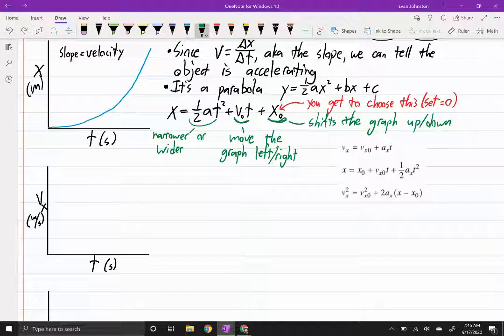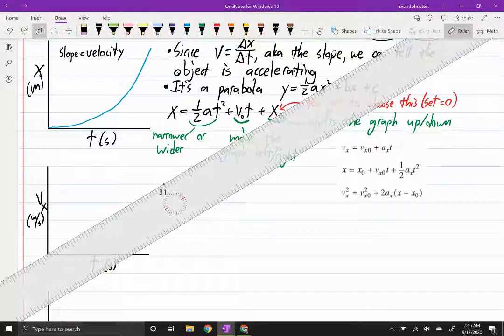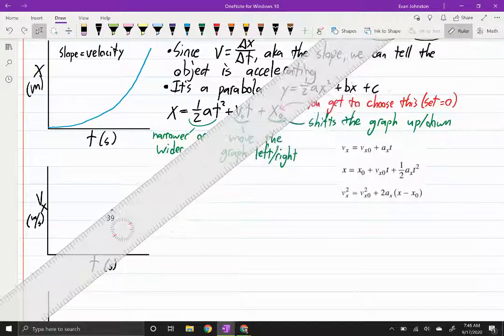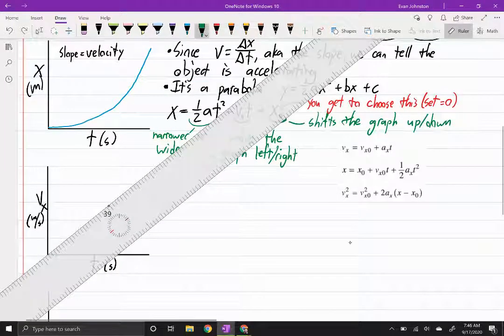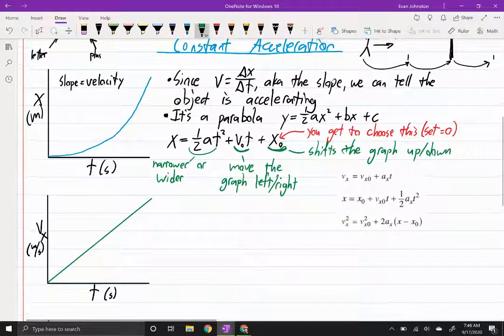All right. So if it's increasing at the same rate, we're actually going to get something kind of like the very first graph we drew on this page. So we'll get something more or less like this. So we can see that just like how the slope is increasing, the slope is the velocity. We see that here, the velocity is literally going higher and higher. It's increasing, which is kind of neat.